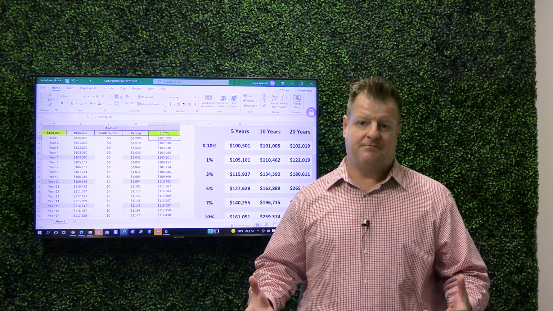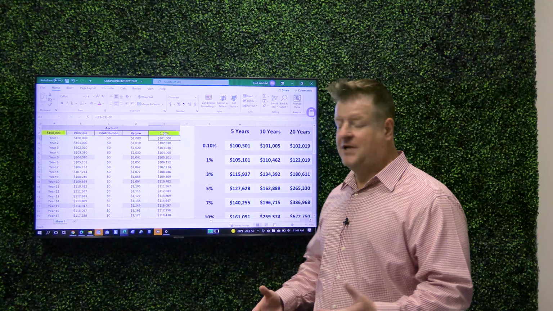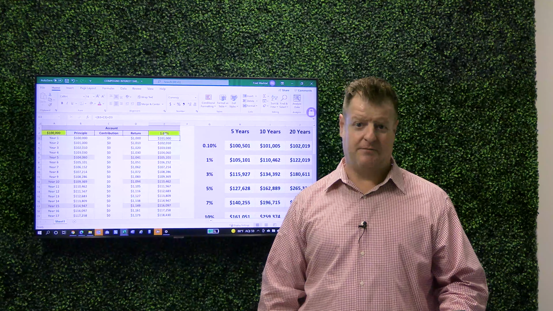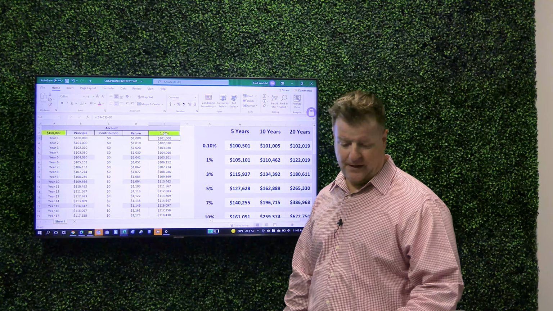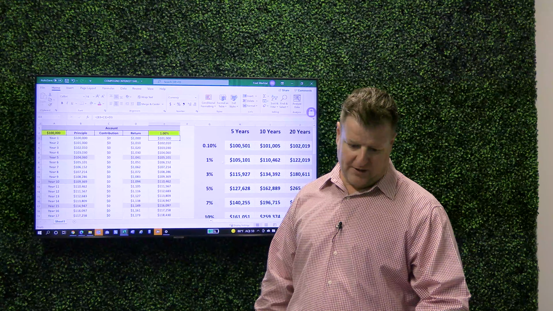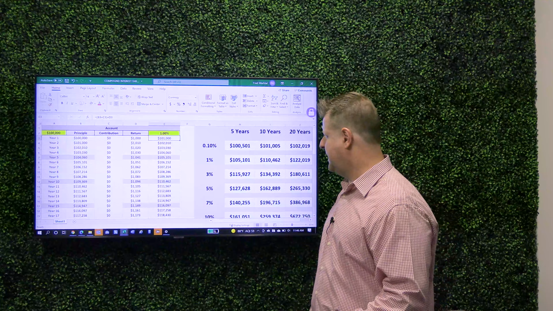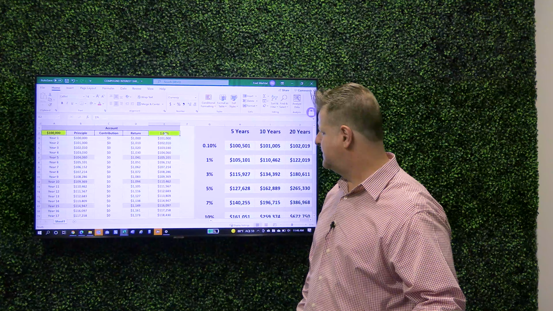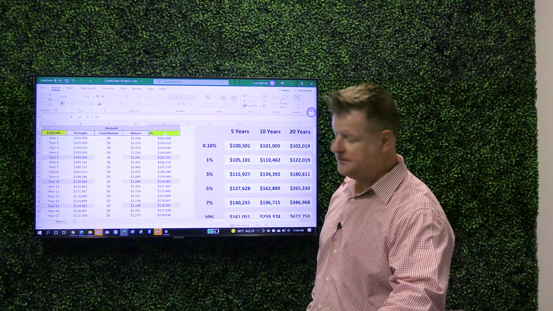And again, that's not great, but it is way better than just leaving your money in money market over time. And again, there's lots of investments that can get you somewhere in the neighborhood between 1 and 3% without a whole lot of risk. But let's go to 3 now. And I'm just going to throw it in here so you can look down at all the subsequent years.